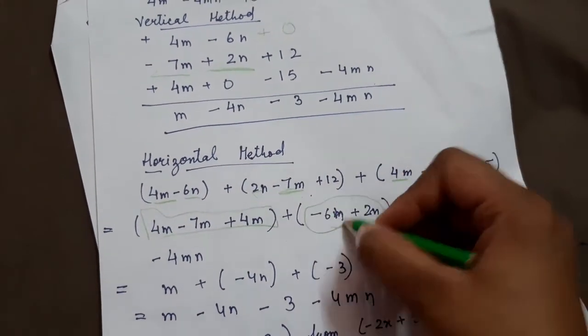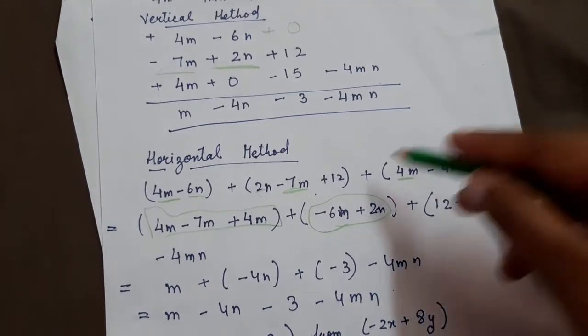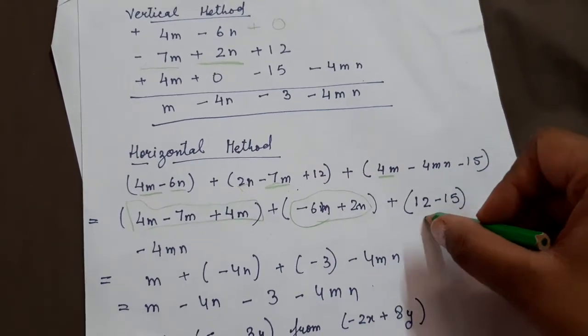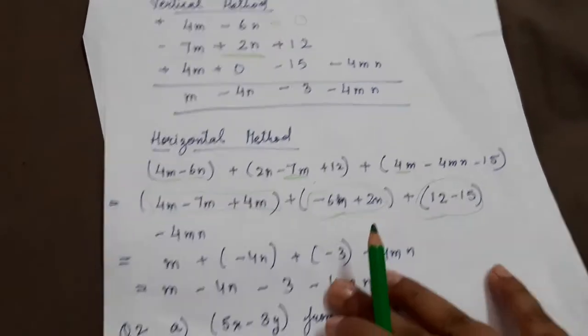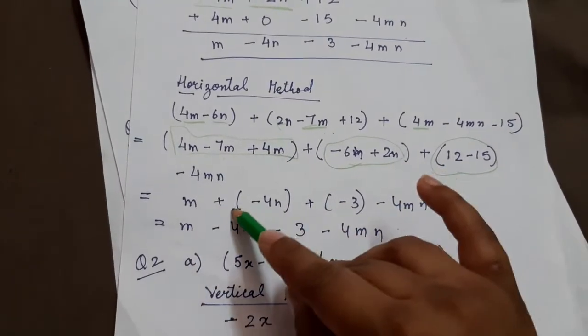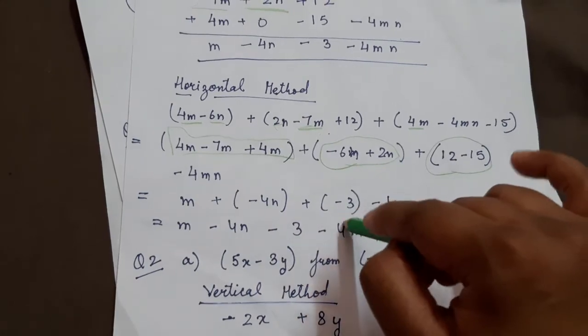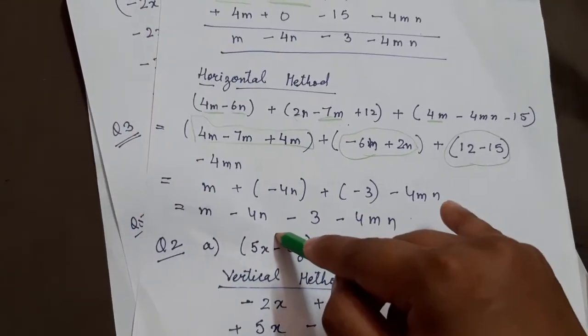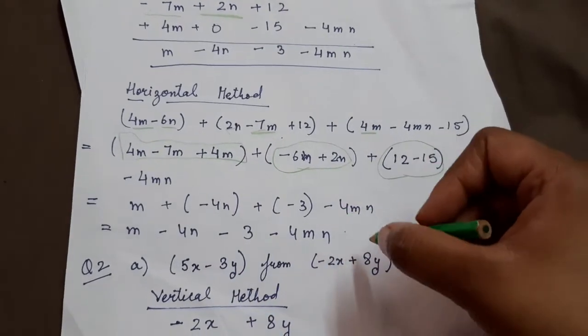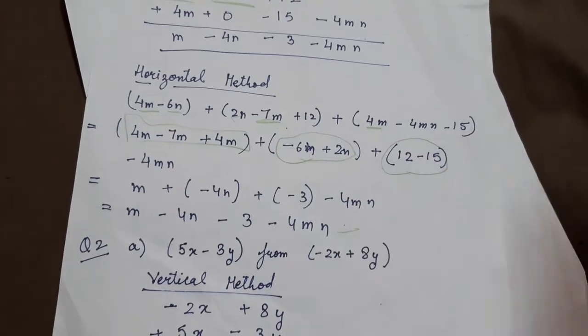We'll put the like terms together. Then 12 minus 15 and minus 4mn. Right, then we will solve m plus minus 4n plus minus 3 minus 4mn. m minus 4m minus 3 minus 4mn. So this is the answer.